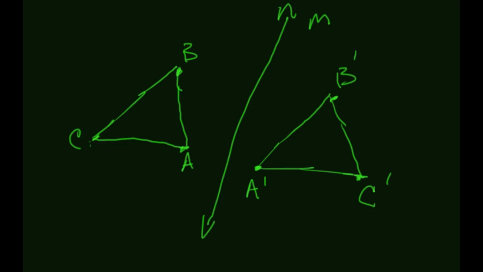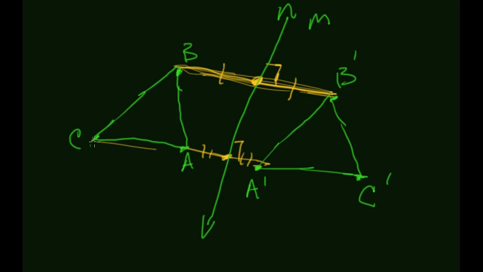So what's going on here? Well, if I pick a pair, let's say I take the two B's, B and B prime, it's a reflection because this is the midpoint of that segment and it's perpendicular. I can play the same game with A. It's in the middle and it's perpendicular. I can also play the same game with C. It's in the middle and it's perpendicular.